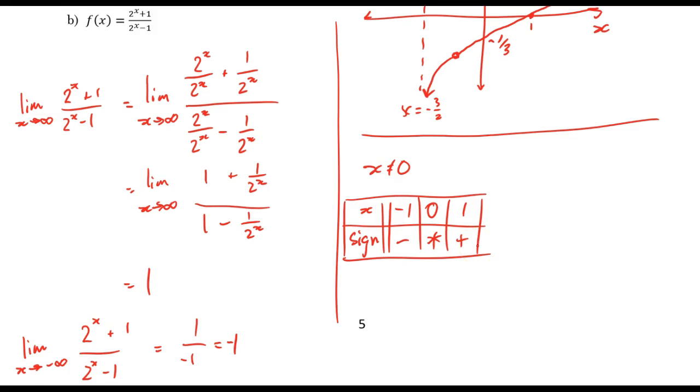So here we go. What have we got going on? We have a vertical asymptote at x equals 0. We have a horizontal asymptote on the right of 1 and on the left of negative 1.